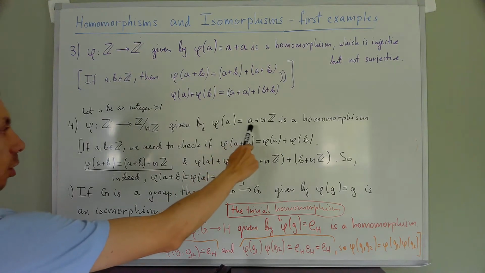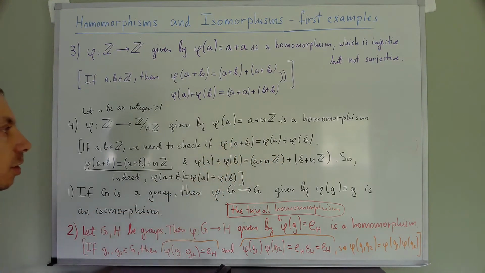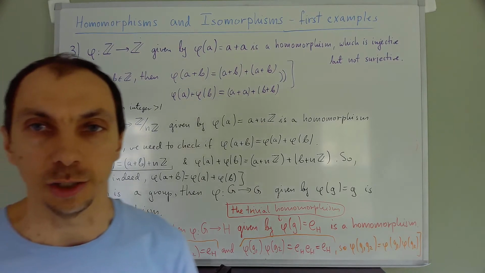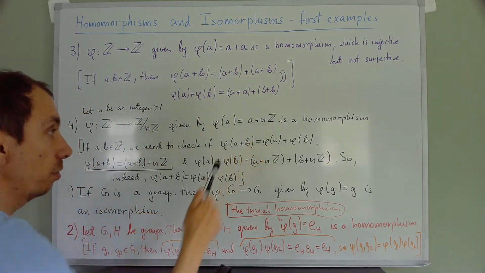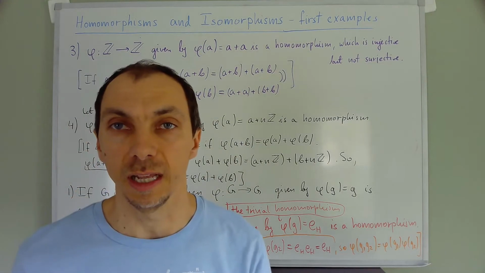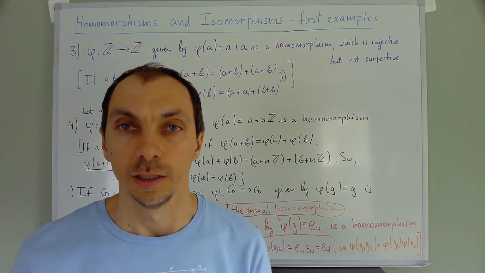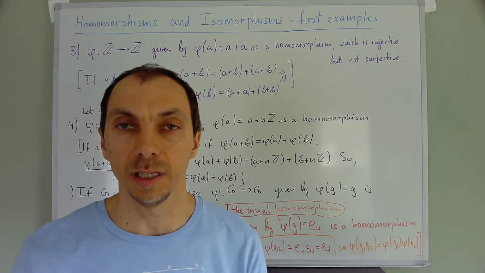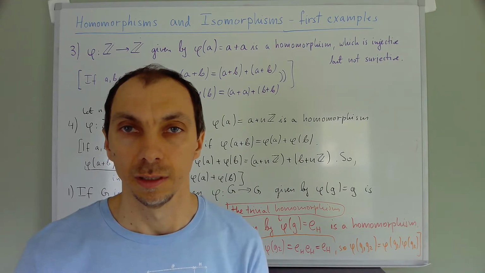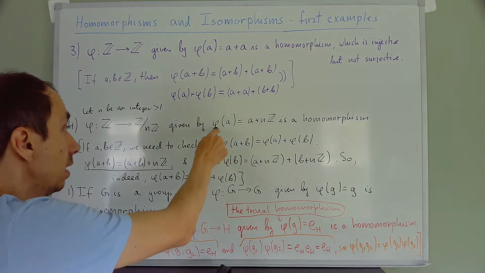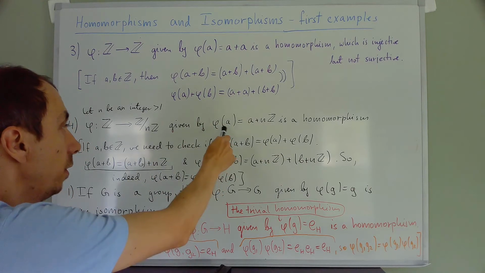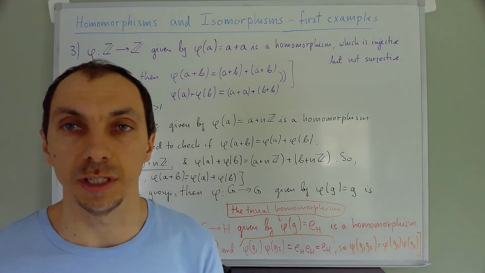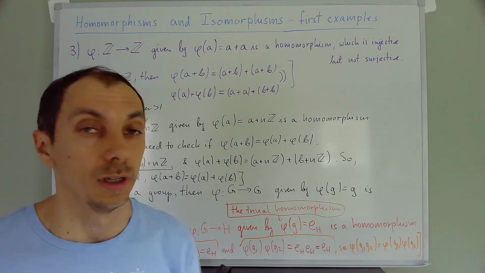Is it surjective? Can you get every congruence class as the image of some integer? Yeah, sure. Imagine if n was, for example, 3. There are 3 congruence classes mod 3: 3Z, 1 plus 3Z, and 2 plus 3Z. 3Z is phi of 0, 1 plus 3Z is phi of 1, 2 plus 3Z is phi of 2, and so on.